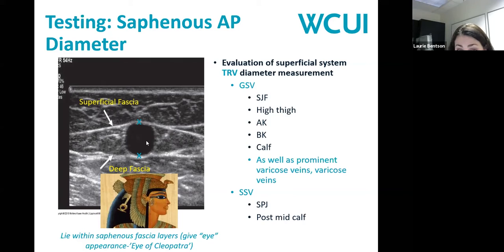Recall with our anatomy, the saphenous is traveling within the eye. It looks like the eye of Cleopatra. This is the anatomical sonographic sign that we want to see to call it the saphenous vein. We measure AP, measuring the wall all the way through to get that greatest diameter.